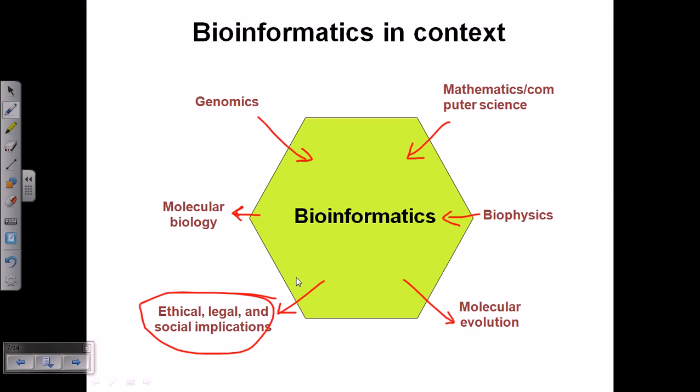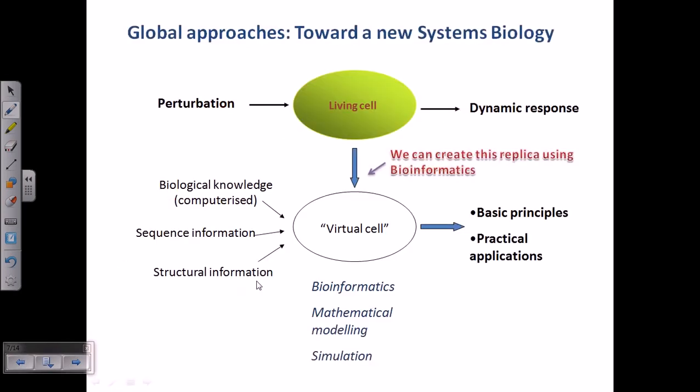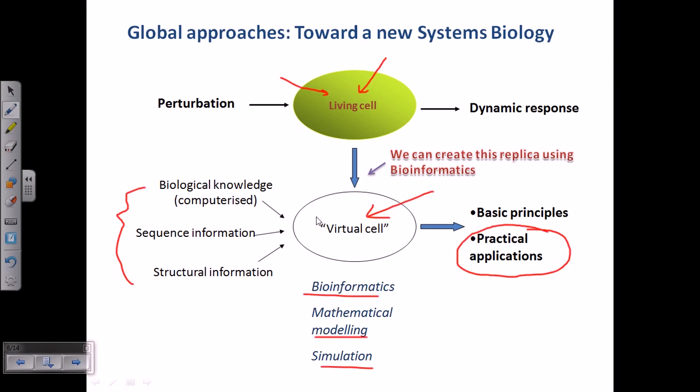So nothing is real in this case, everything is virtual. But obviously the information that we feed into the machine, like this background biological knowledge, which is also computerized, and the sequence information that we feed into this computer system, definitely should be real.